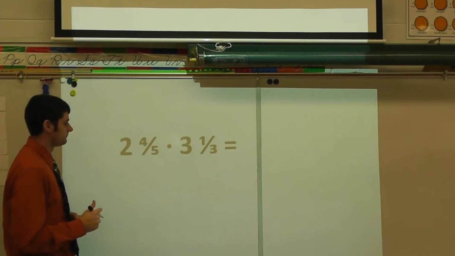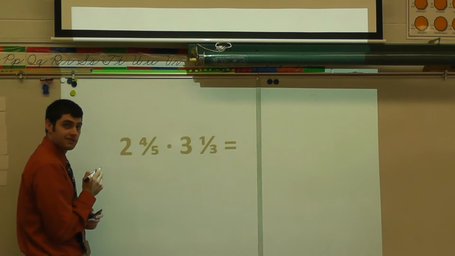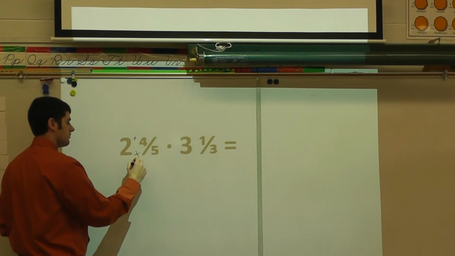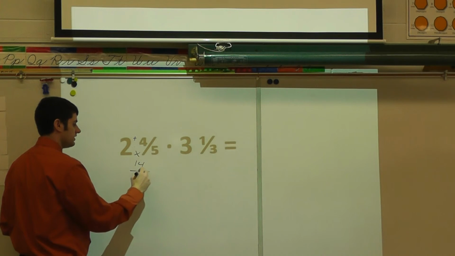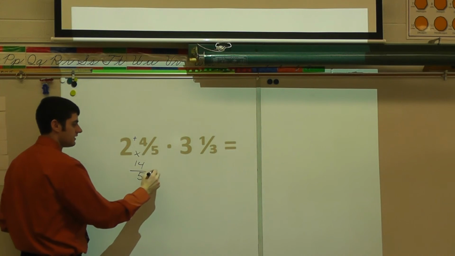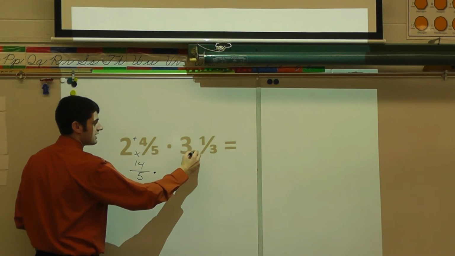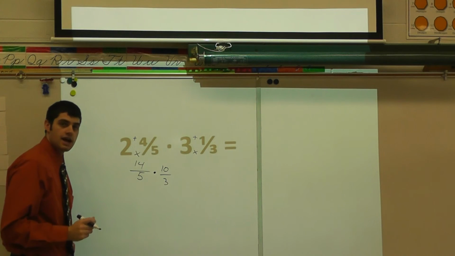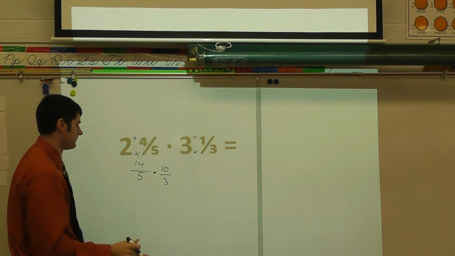Alright, let's take a look. Step 1 again. We've got to change these guys around. 5 times 2 is 10, plus 4 is 14. This becomes 14 over 5. Times 3 times 3 is 9, plus 1 is 10. 10 over 3. Now again, I'm going to look to cross cancel here.